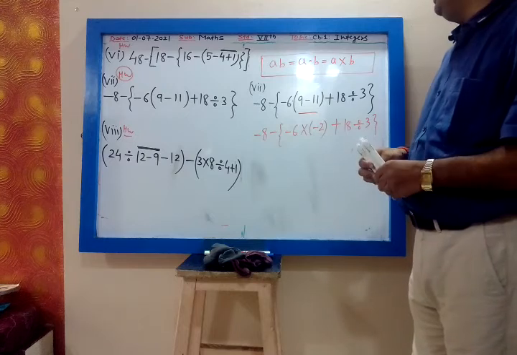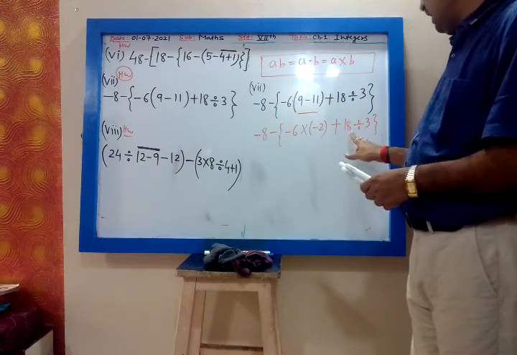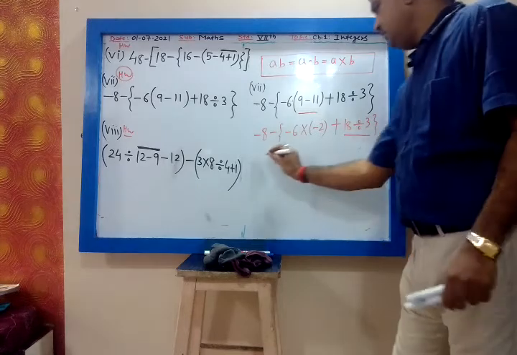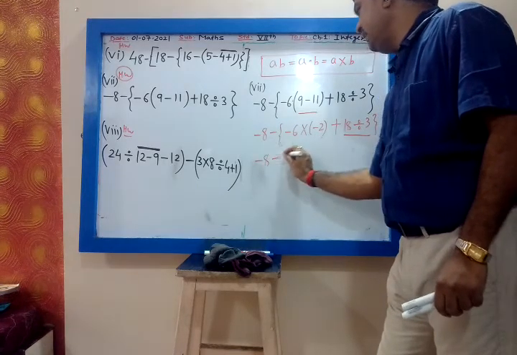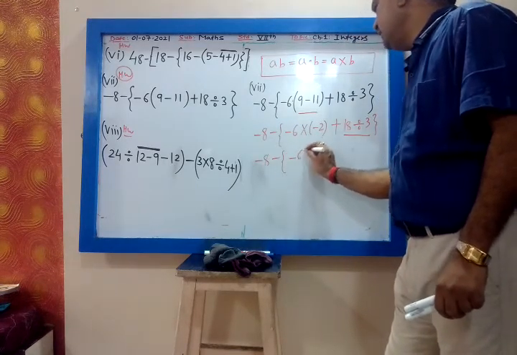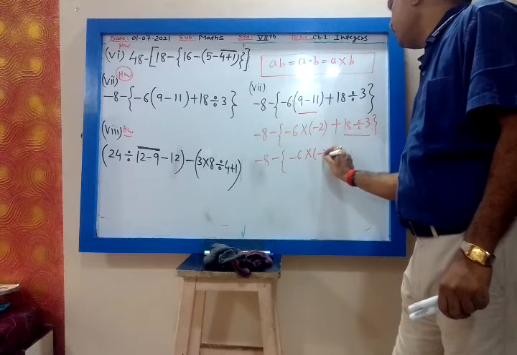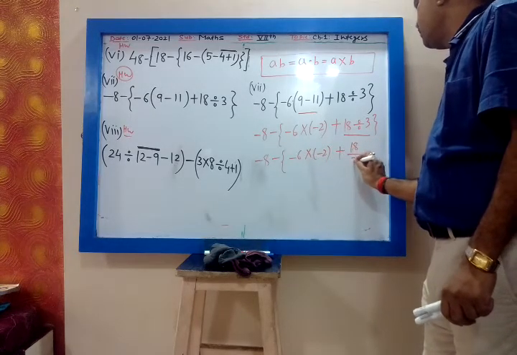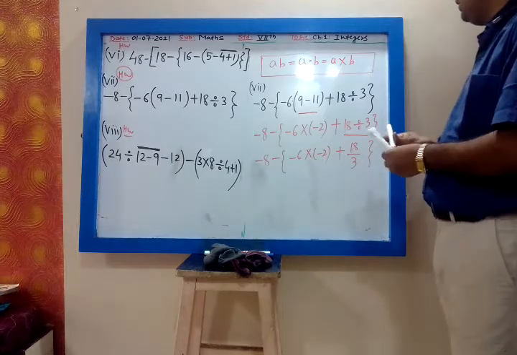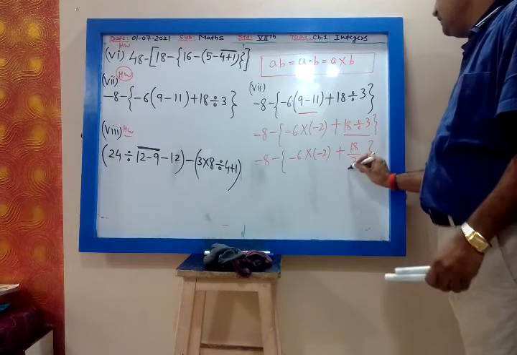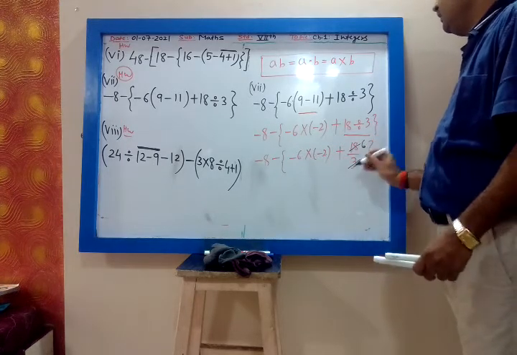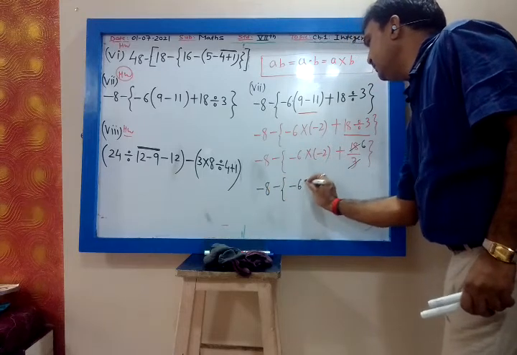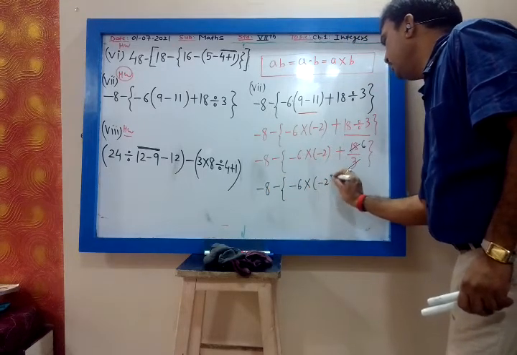Now we will perform division. A divided by B is A upon B, so 18 upon 3. You can cancel: 3 ones are 3, 3 sixes are 18. So this is minus 8 minus 6 into minus 2 plus 6.